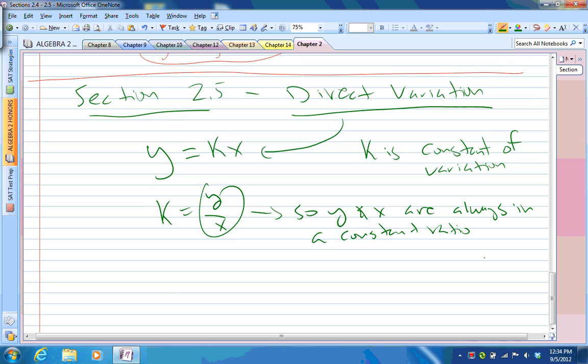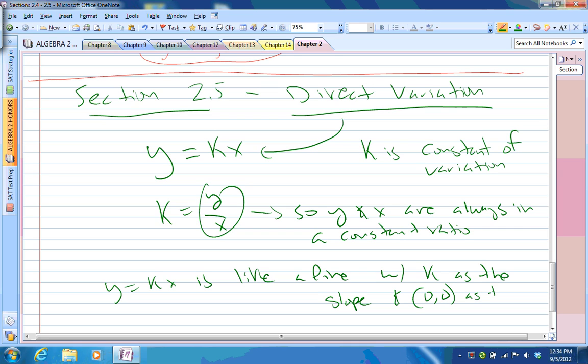If you think about it, y equals kx is like a line, with k as a slope and (0, 0) as the y-intercept. And that's because you don't see anything added or subtracted in the equation.